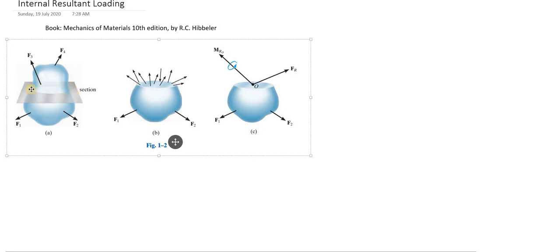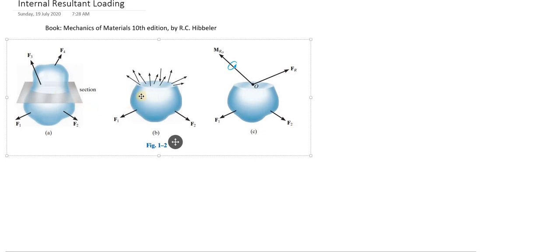For example, if you are interested in finding the internal loadings at this location, we will consider a plane cutting through this location, and then we will have two segments of the body, maybe the lower segment and the upper segment.